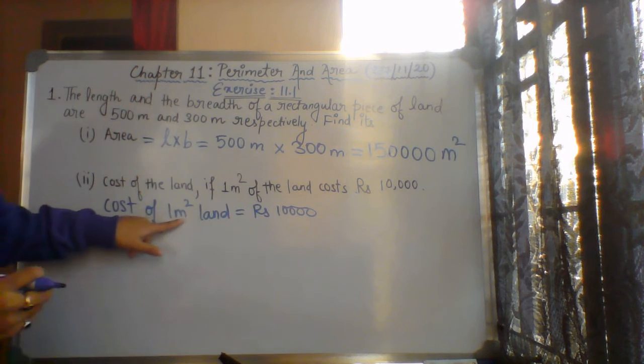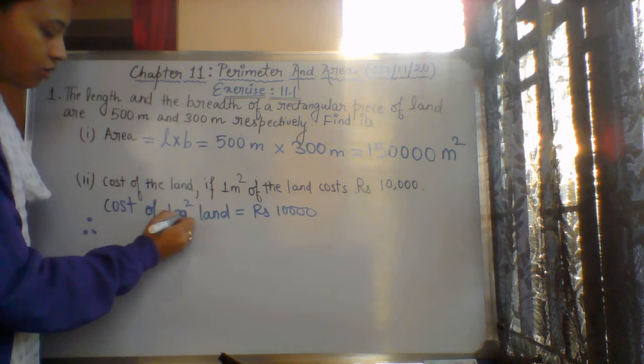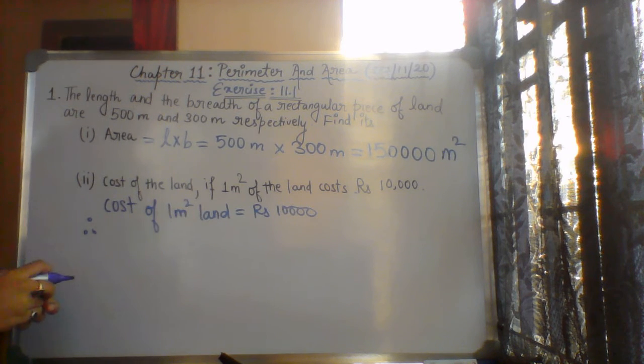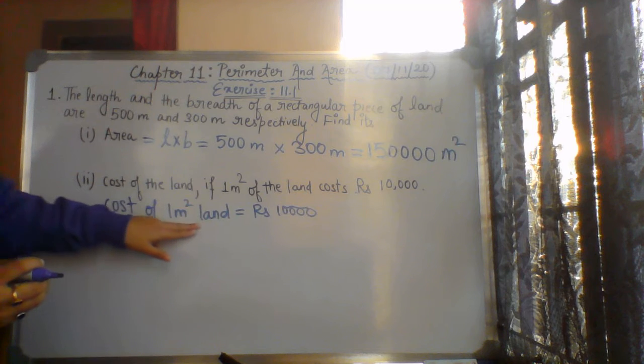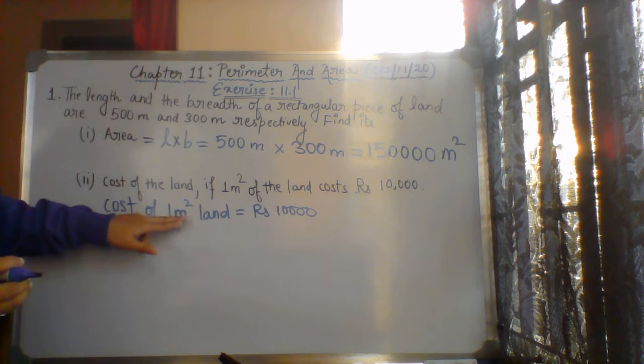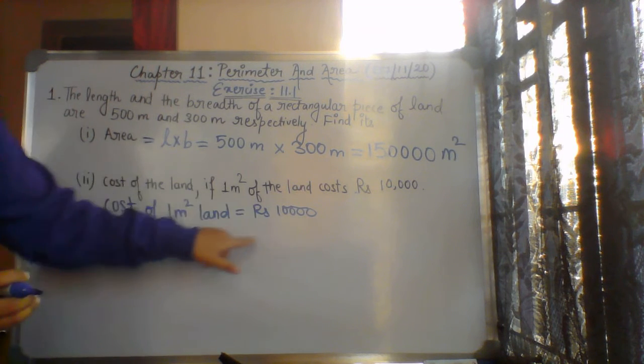Meter is the unit of length. So whenever you see length square, meter square, centimeter square, decimeter square, that represents area. So here 1 meter square of land is representing what? Area of that land. When the area is 1 meter square, cost is 10,000.